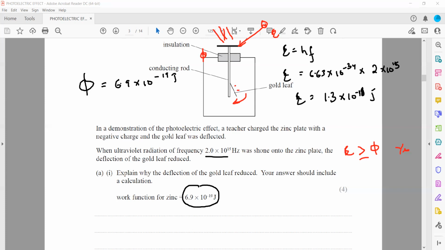When we multiply, it will not be minus 19, it is minus 18. Now when we compare, we compare the energy of the incident photon with the work function, the minimum energy needed to remove an electron. So the energy of the incident photon is more and the work function is less. So if the energy of the incident photon is more than the work function, yes, there will be a photoelectric effect.